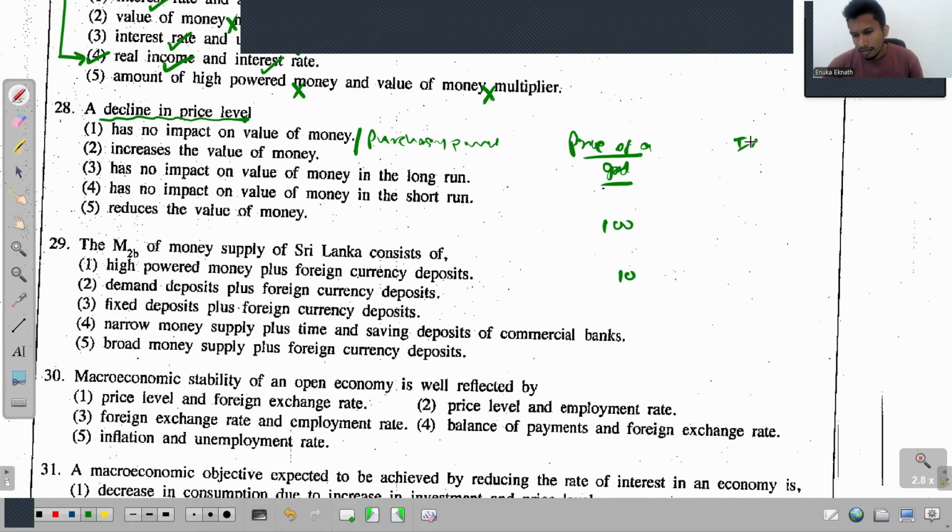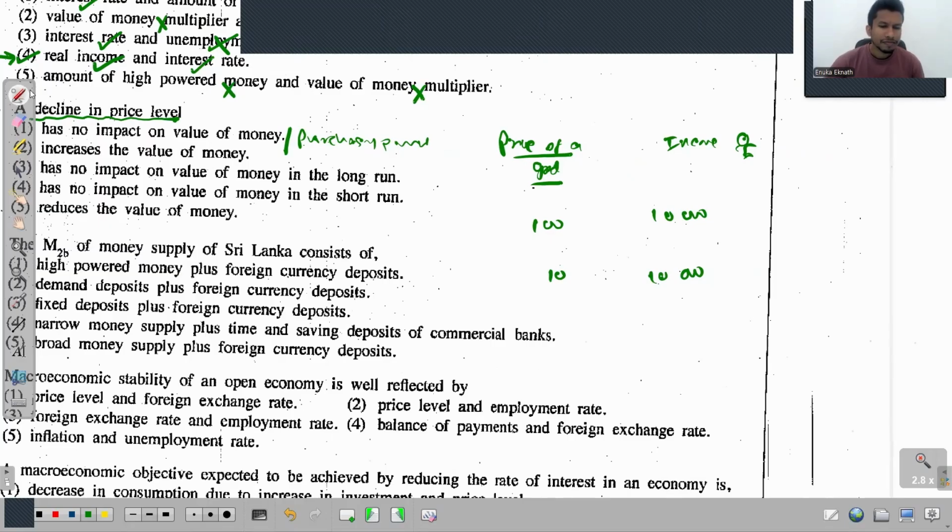Income of the person is rupees 10,000. In both situations, the income remains constant. Then how much is the purchasing power? See, 10,000 divided by 100 will give you 100 purchasing power.